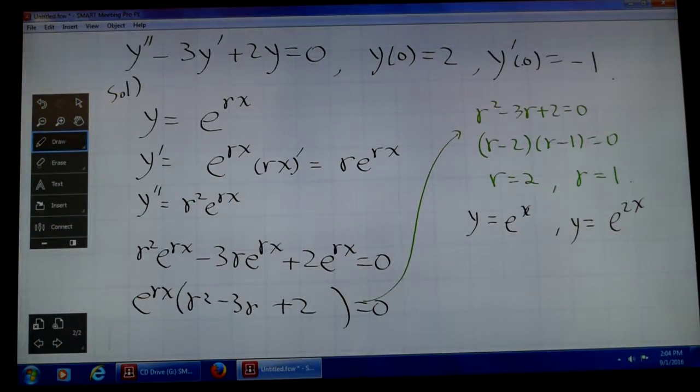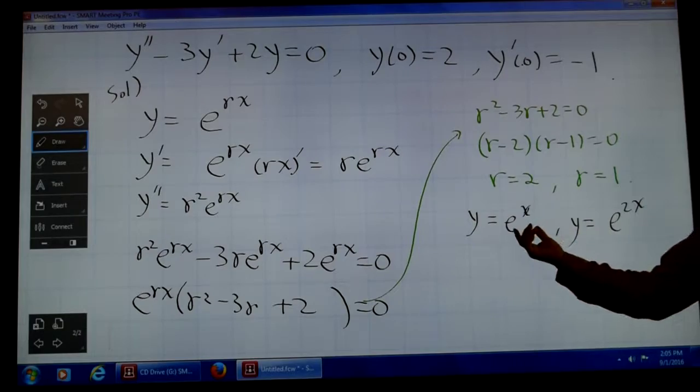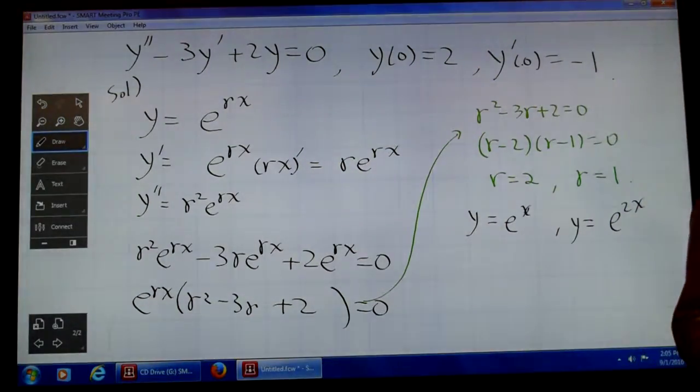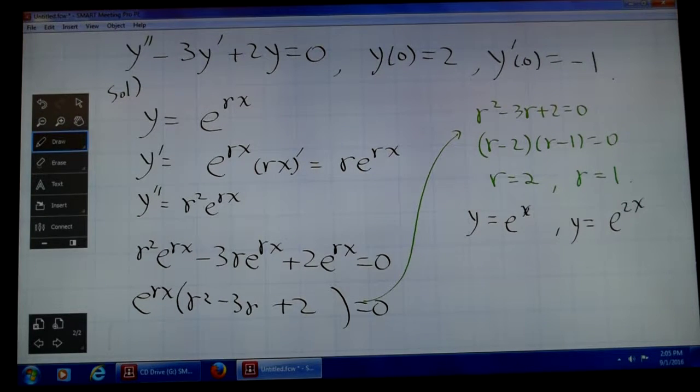But this is not what we want, because in general, I know that second order differential equations should have two parameters, C1 and C2. So where do they belong? How do we make the most general solution that has C1 and C2? And the way you construct the general solution out of it is by doing the following.